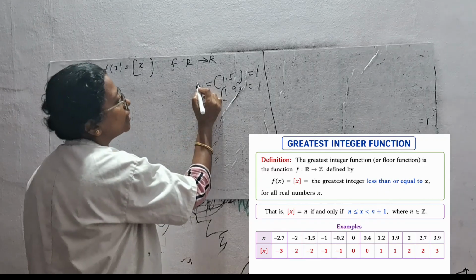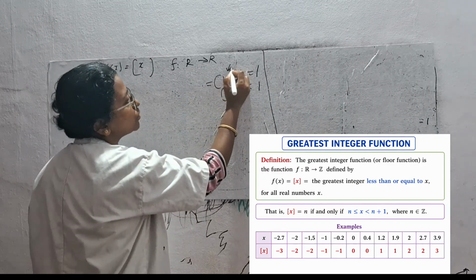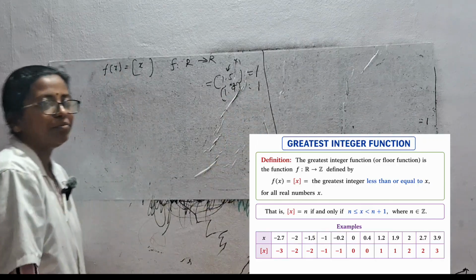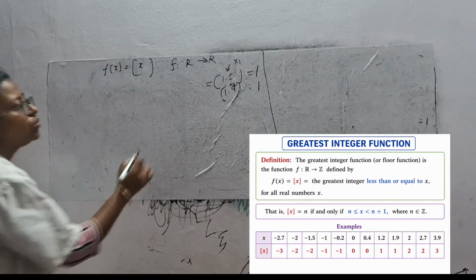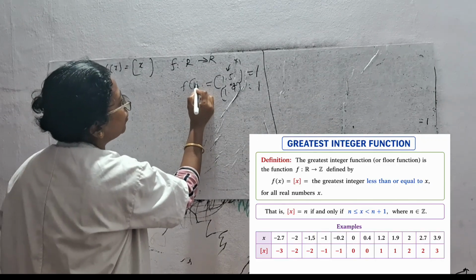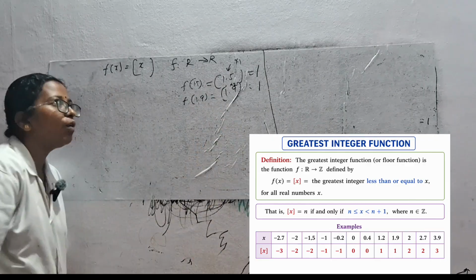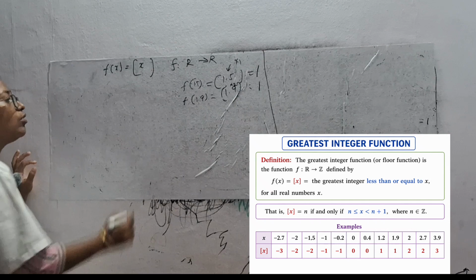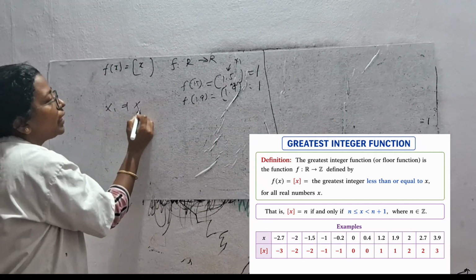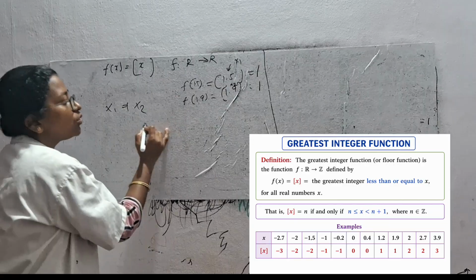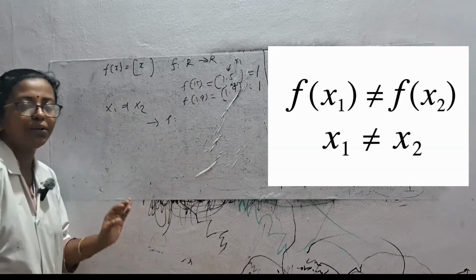If x1 is 1.5 and x2 is 1.9, f of 1.5 is equal to 1, f of 1.9 is equal to 1. x1 is not equal to x2, but I am getting f of x1 is equal to f of x2, which is wrong. So f is not 1 to 1.